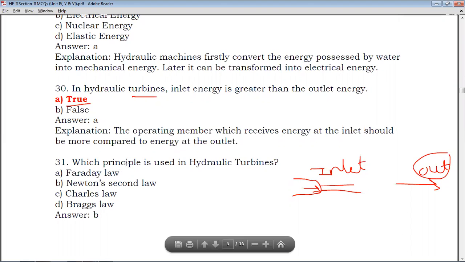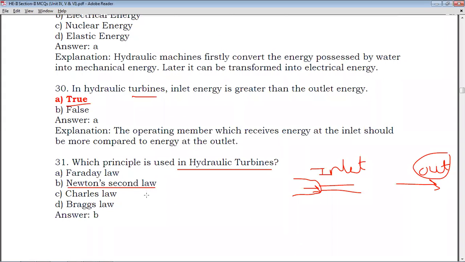Next question, which principle is used in the hydraulic turbines? The correct answer here is Newton's second law. What does Newton's second law say? It is nothing but force is equal to mass into acceleration.